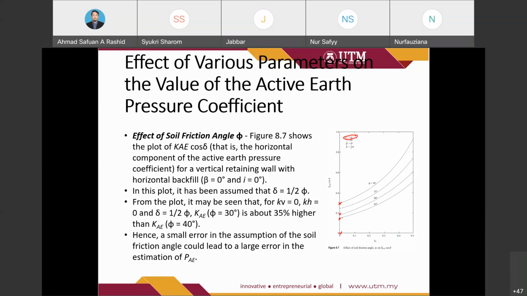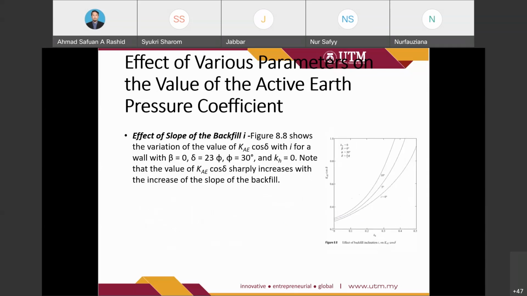If the phi is 45, it will increase near to 40%. So a small error in the assumption of the soil friction angle could lead to a large error in the estimation of PAE. So we need to determine the correct phi value to be used in the PAE calculation. So that is for the soil friction angle.